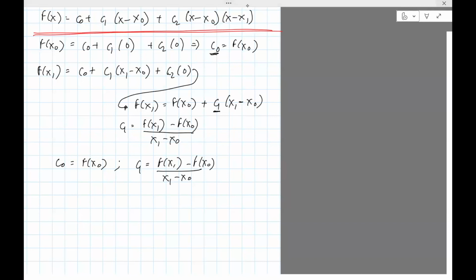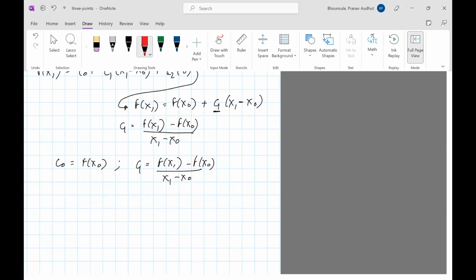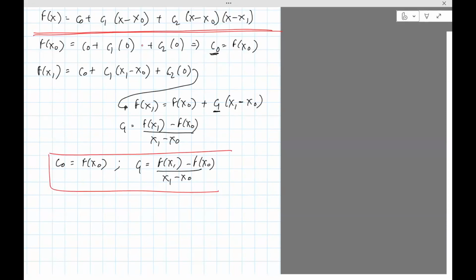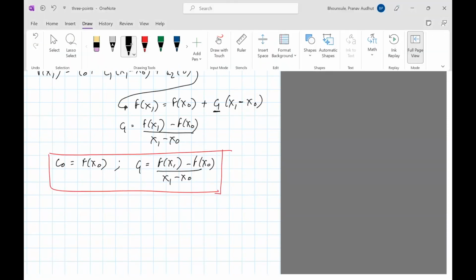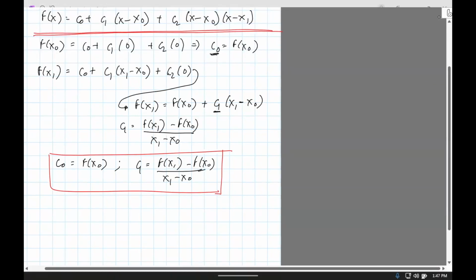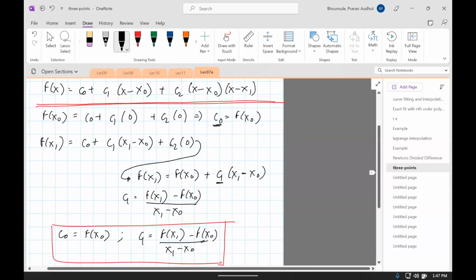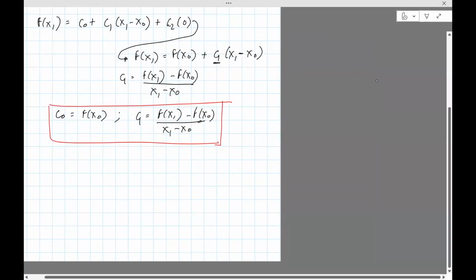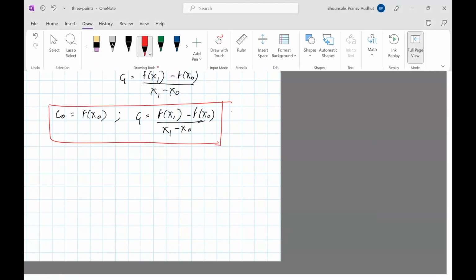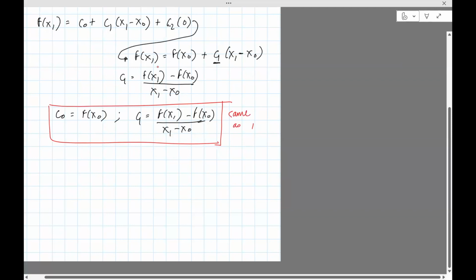So these formulas here, you can try to match them up with what I had here. It's the same one, C0 and C1. Which means that now you don't really need to do the calculations again. If you go from 2 to 3, it's the same formula, right?